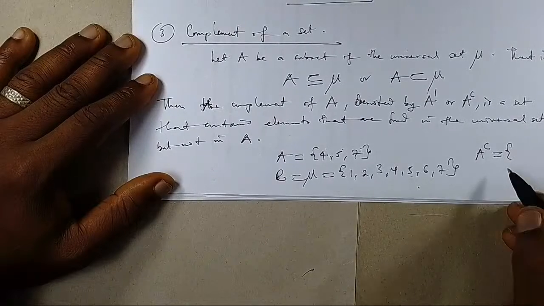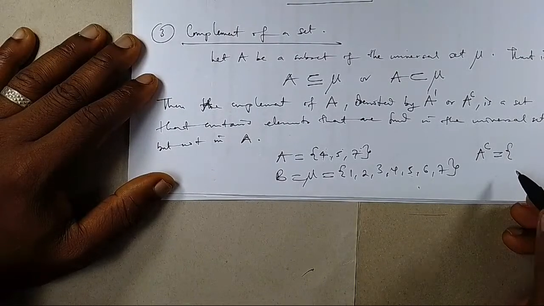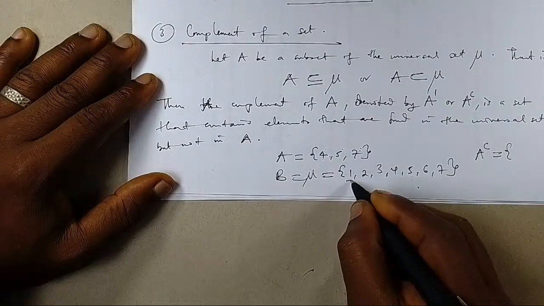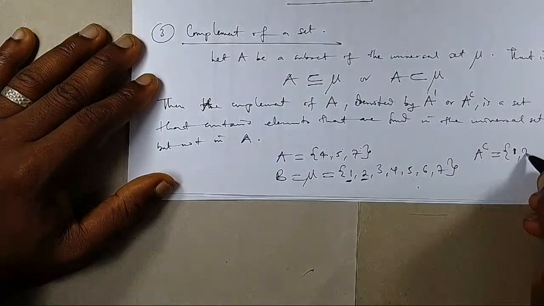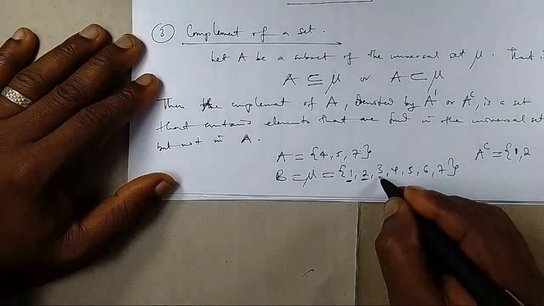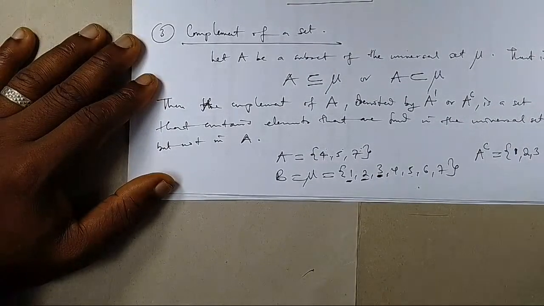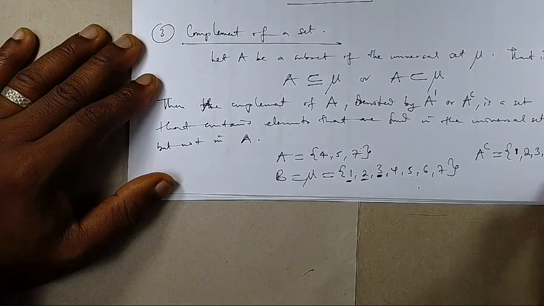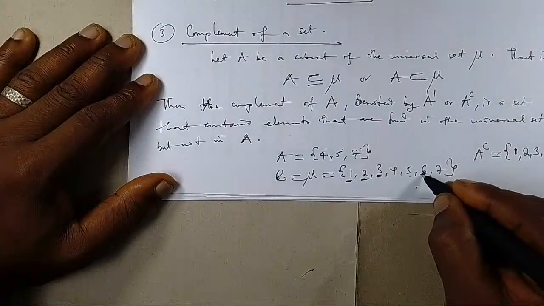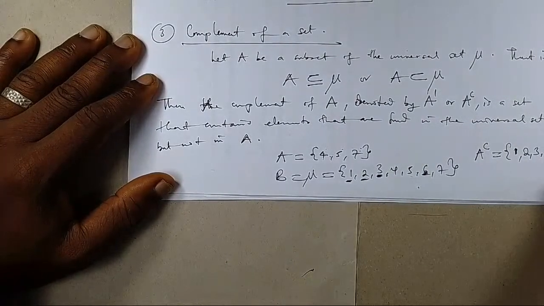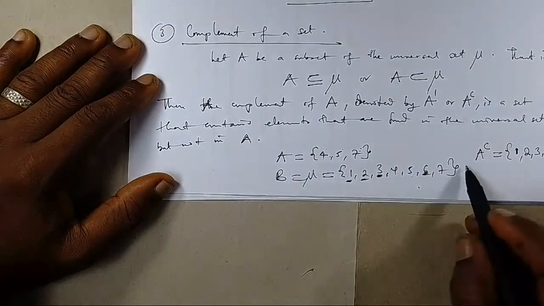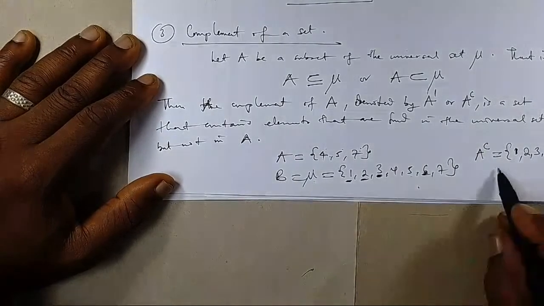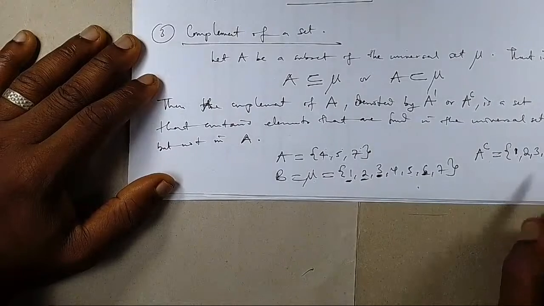So let's write all the elements you find in the universal set that are not found in A. In A, I don't find 1, so I'm going to put 1 here. In A, I don't find 2, so I'm going to put 2 in the complement. In A, I don't find 3, so I'm going to put 3 in the complement. In A, I don't have 6, so I'm going to put 6 in the complement. So the complement of A, in relation to the universal set, is the set {1, 2, 3, 6}.